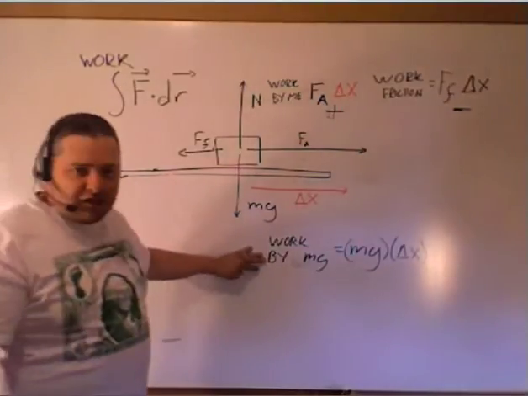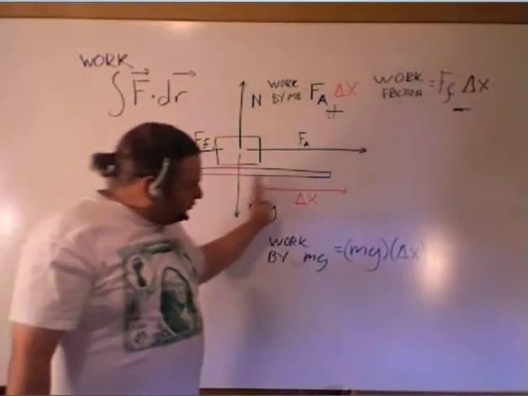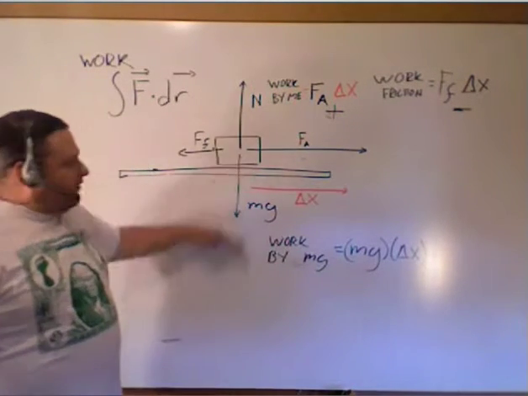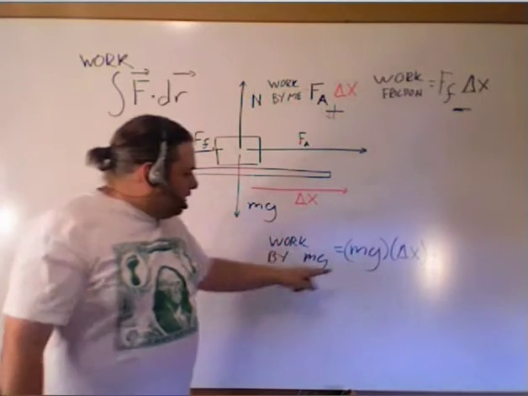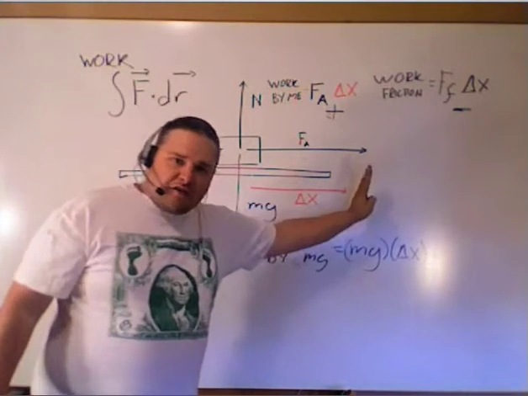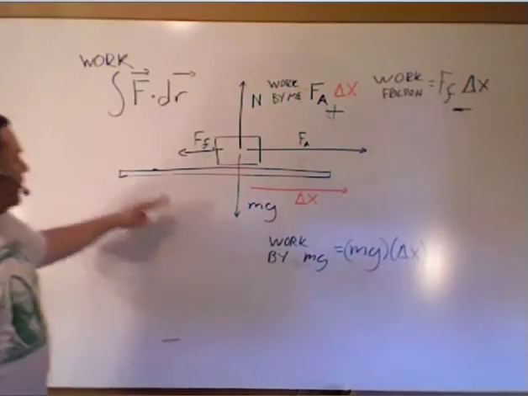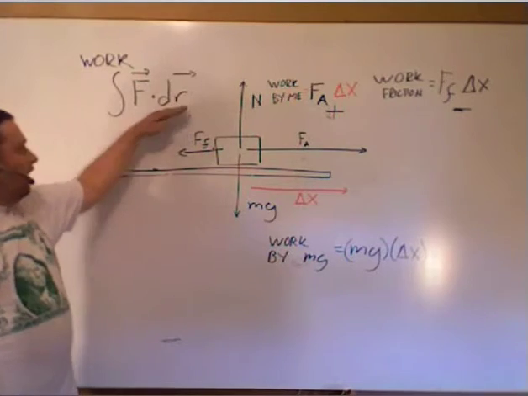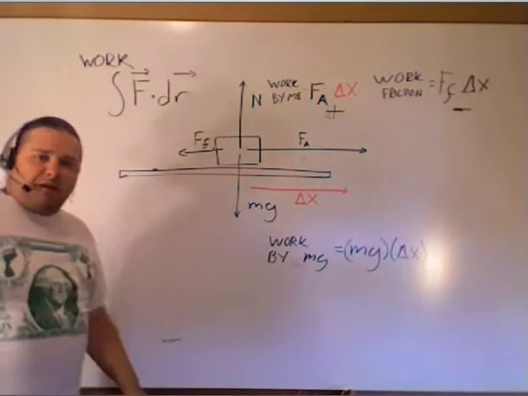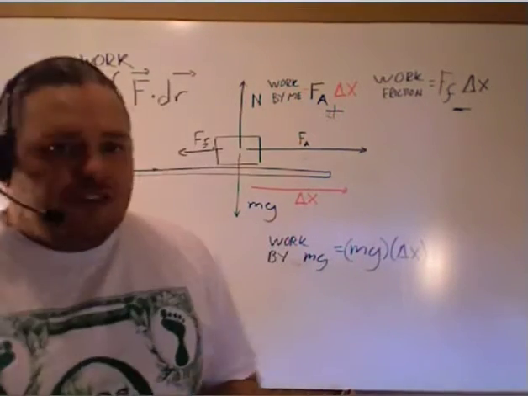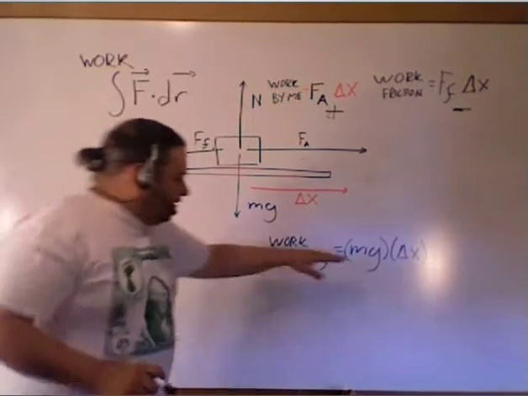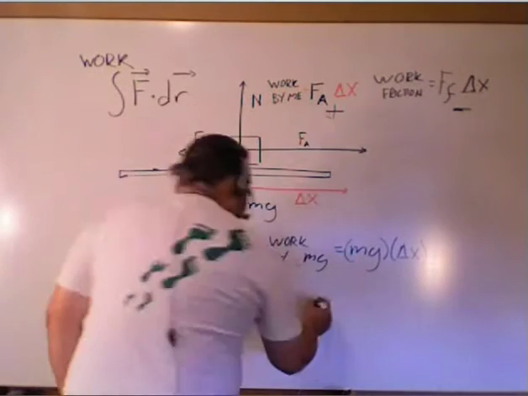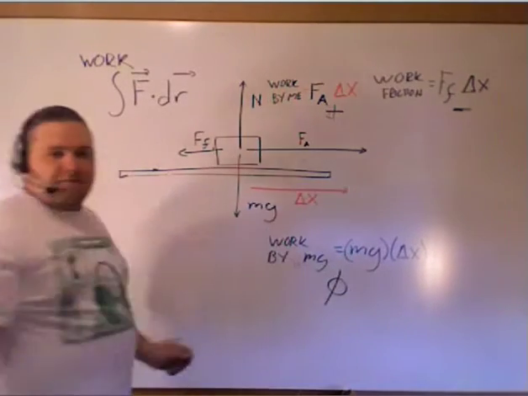Because the displacement is in this direction and gravity is in this direction, the gravitational force is not doing any work. Everything else is not important because it's not in the direction of the displacement. So it turns out the work being done by gravity is zero.